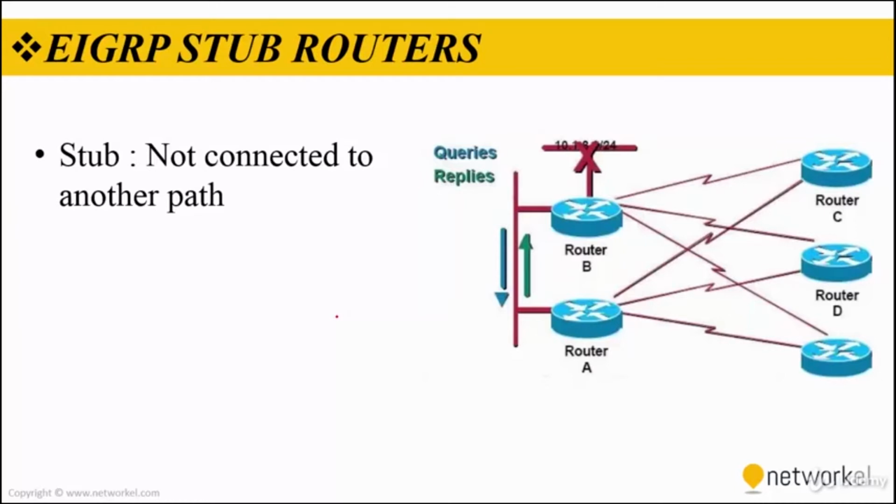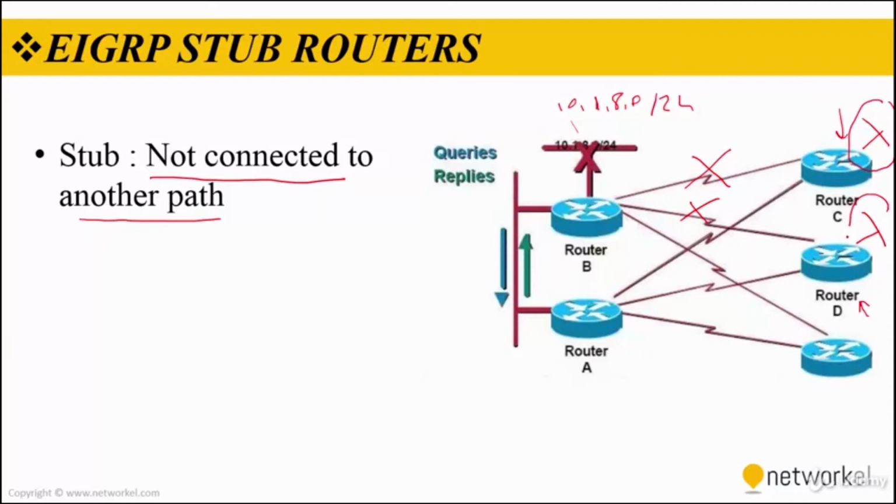For example, let's say that router B has lost the connection to 1.8.0/24, and router C and router D do not have any path to another network, as I wrote here.